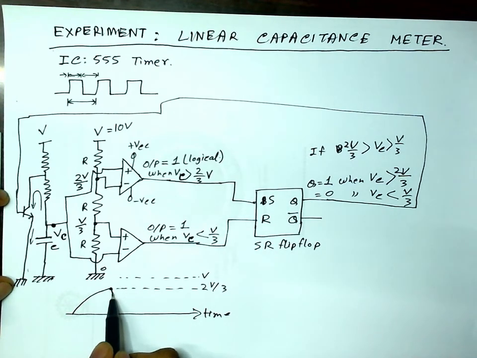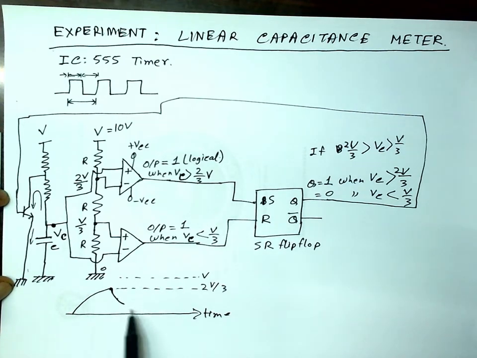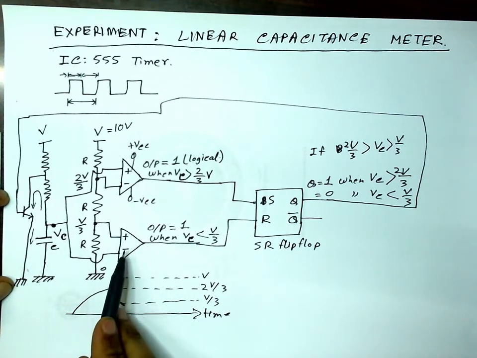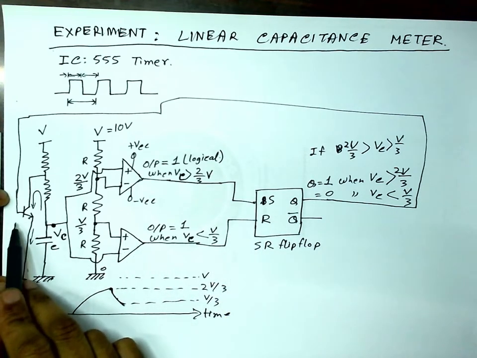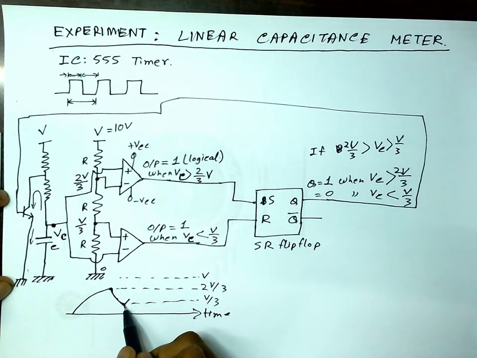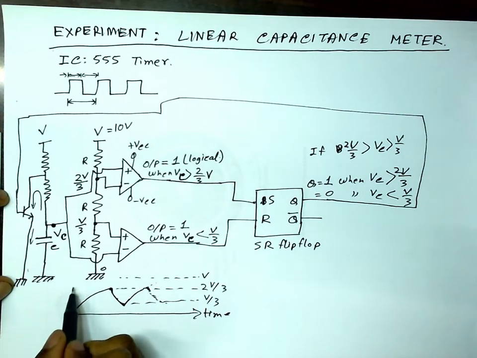Then the capacitor tries to go to 0 potential, but before it gets there, at this point when it is V/3, this op-amp will come into action and this will reset this flip-flop, the switch will be off, therefore the capacitor will again start charging. So it will start going up towards V, but before it reaches there, at 2/3, it will start coming down. This is what happens for VC.